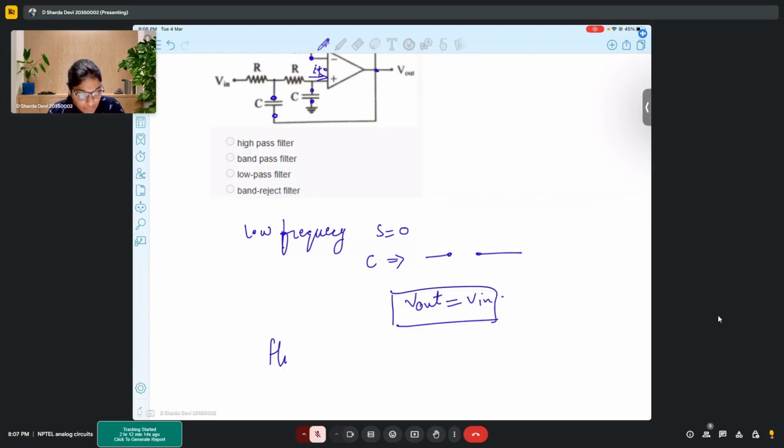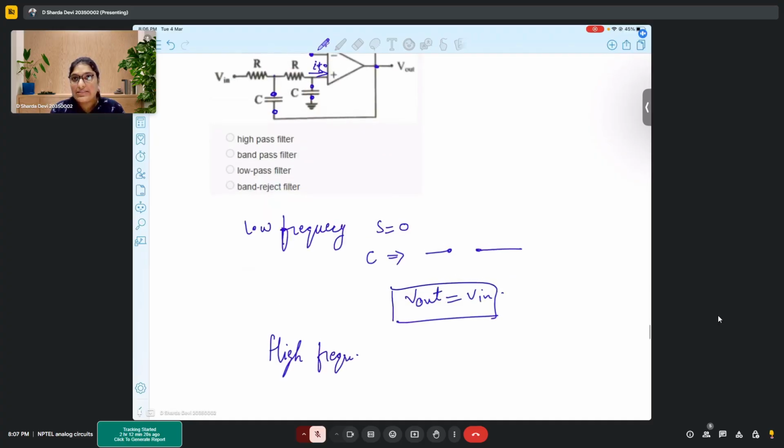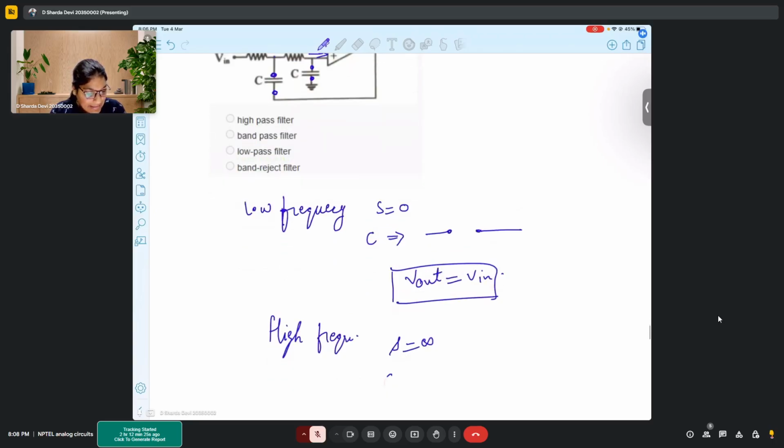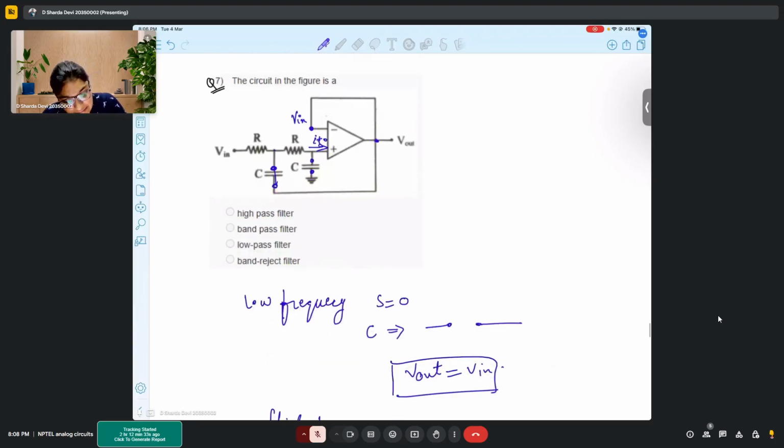Now when it is a high frequency system, s equals infinity and capacitors are short circuited, correct? If capacitors are short circuited, then here, if it is R and this is connected to ground, Vin becomes Vin by 2 at this point.